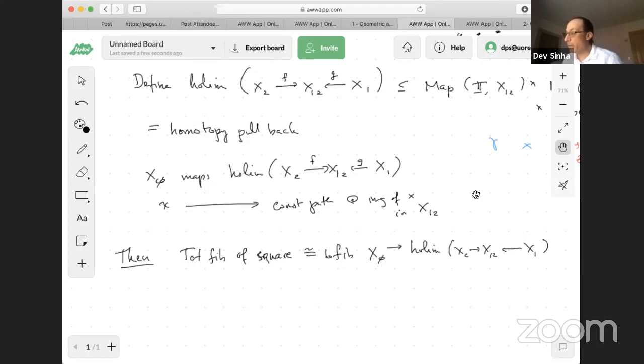But the reason that we give this point of view is so we can view this homotopy limit, I won't write it one more time, as an approximation to x phi. Great. And let me say how this works in general, not just for squares.